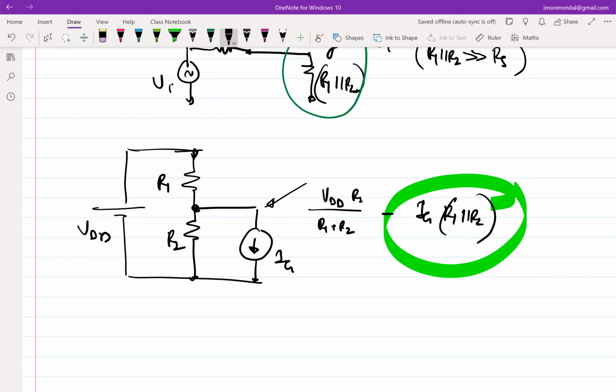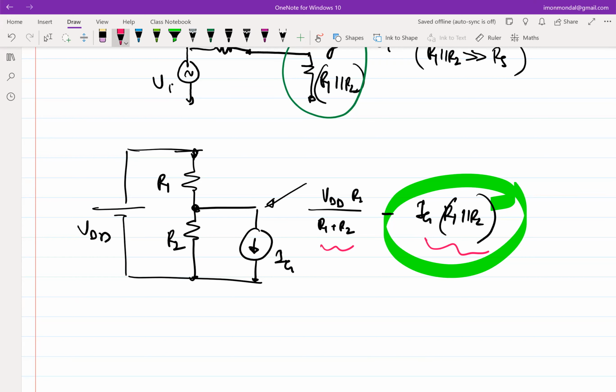So what do you need to ensure in the presence of Ig? Let's say Ig is a fact of life, it will be there. Then what do you need to ensure? How do your design decisions change to ensure that the transistor is still biased properly? Pardon? Right. So in essence, I have to ensure that this term is much less than this term.